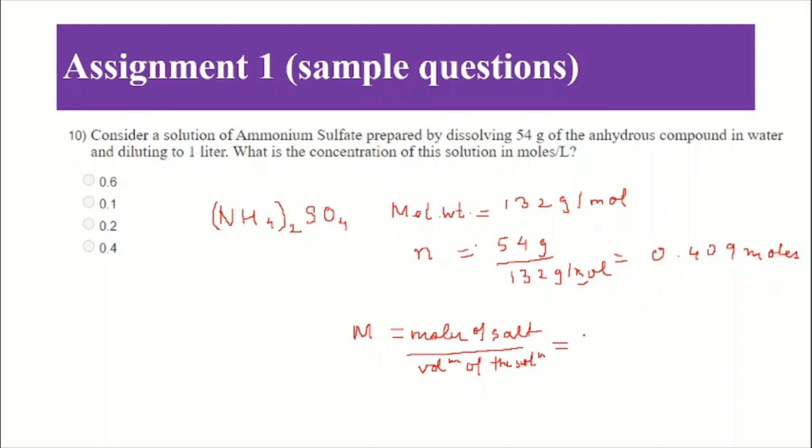So moles are 0.409 and volume is 1 liter. So it basically comes around as 0.4 moles per liter. So the correct answer here is the last option, 0.4.